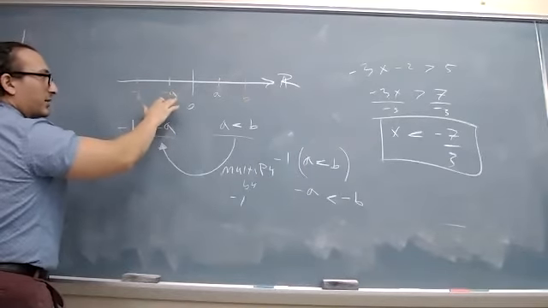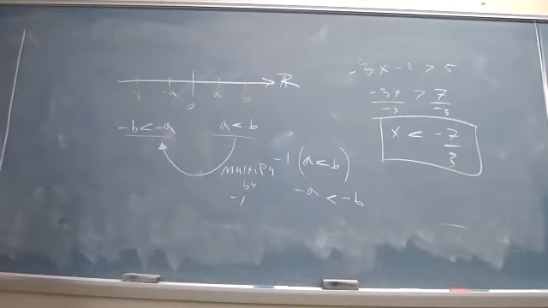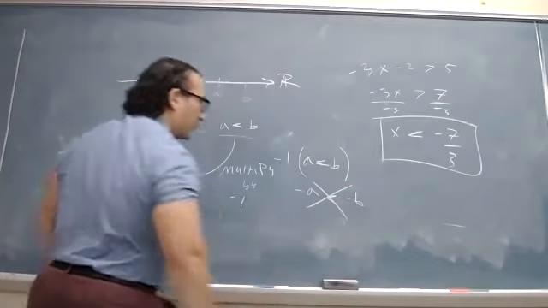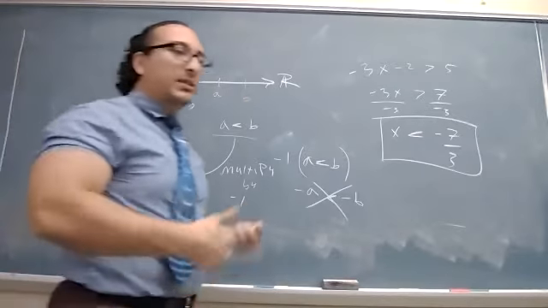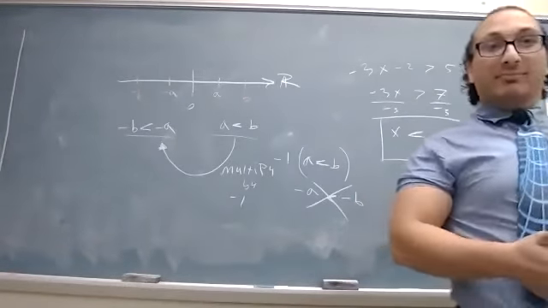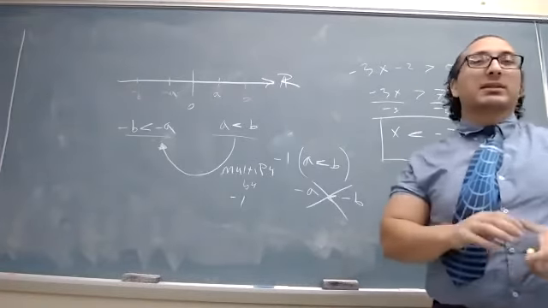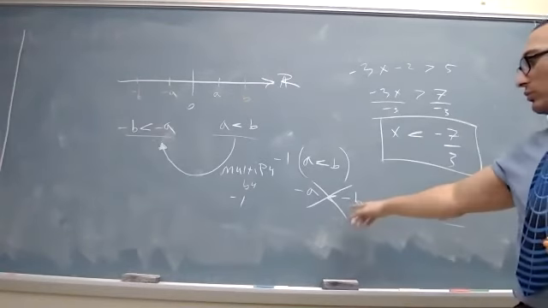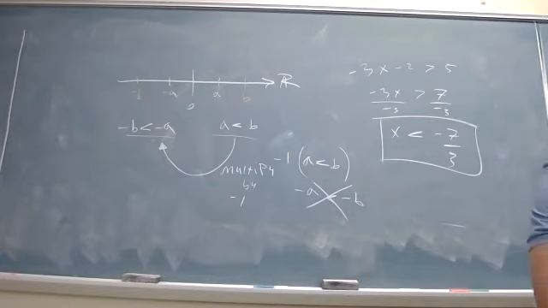Negative A is actually greater than negative B. So if you multiply or divide by a negative number and do not flip the sign, you lead to logical contradictions. Again, that's why you can't multiply or divide by a negative number and not flip the sign. You have to flip the sign, or else you get an erroneous statement like this right here. Does that make sense?